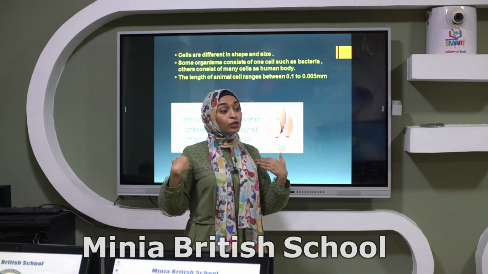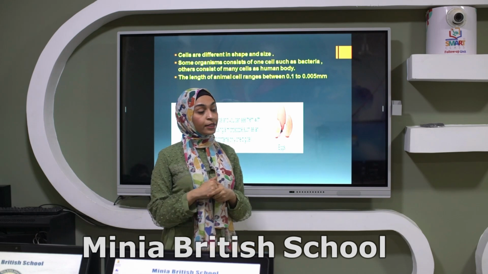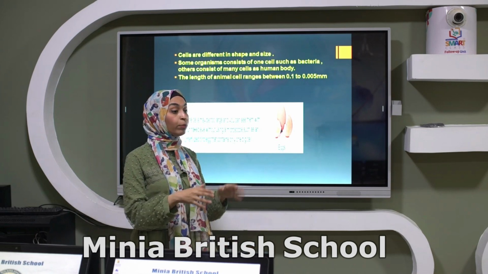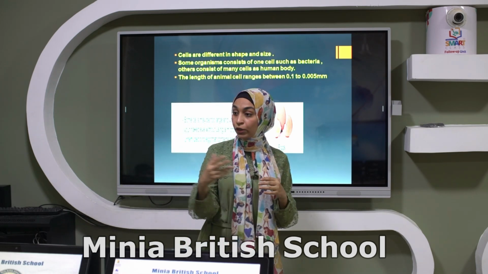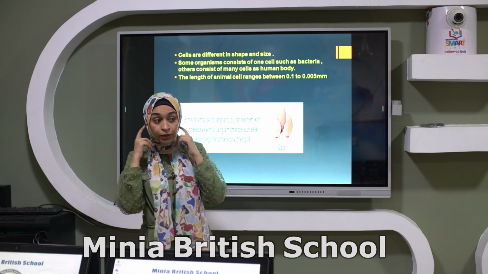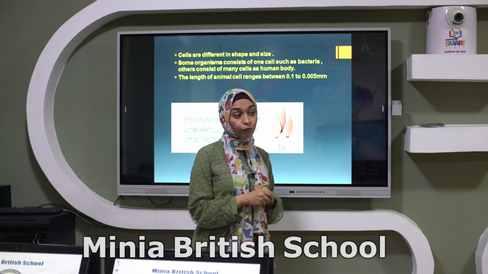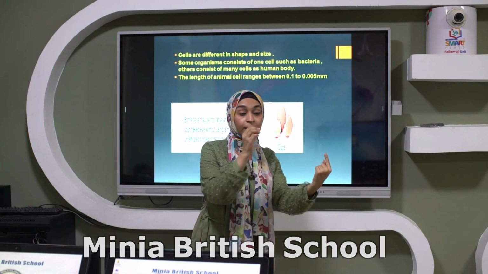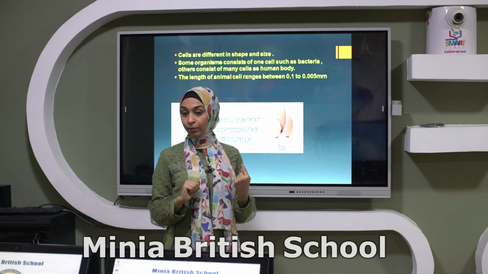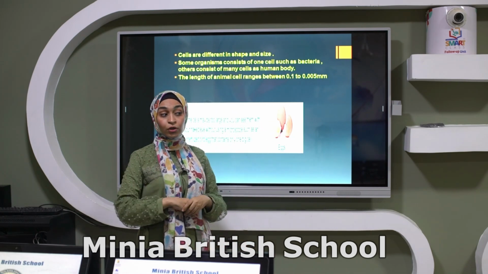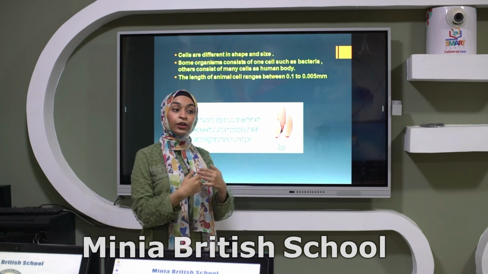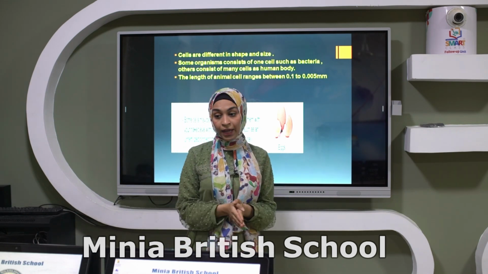Our body contains many cells, inside my stomach, my heart, my eye, my nose, my mouth, my ear. So some organisms consist of only one cell, such as the bacteria, and others consist of many cells, like humans, animals, and plants.